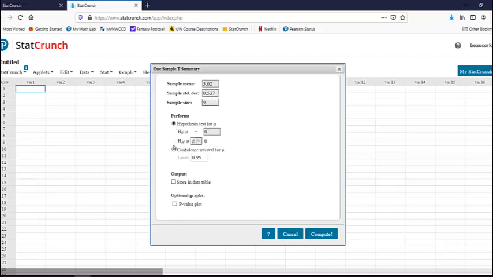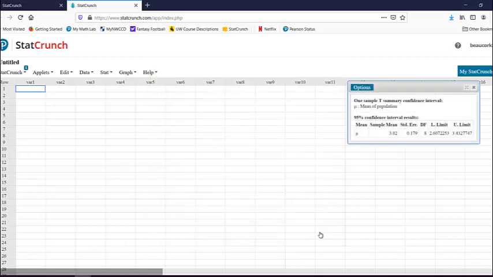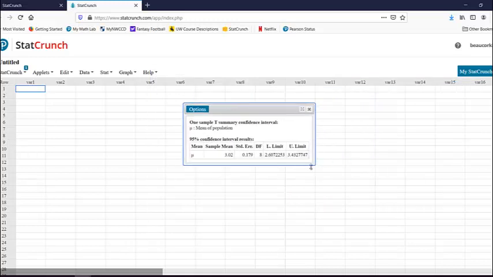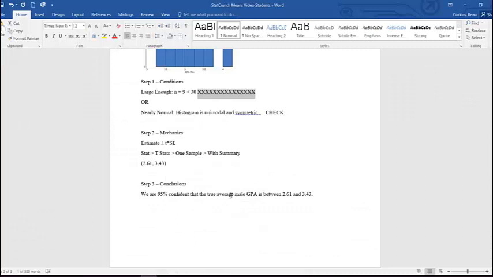We're not doing a hypothesis test, we're doing a confidence interval. Then hit compute. That gives us the upper and lower limits. It does all the calculation for us: 2.61 to 3.43, which is what I've written right here.